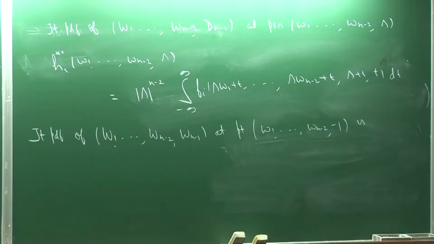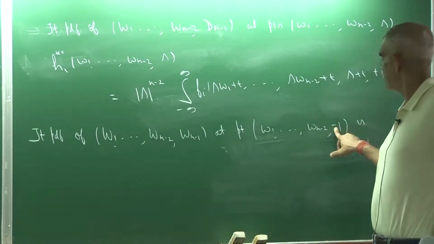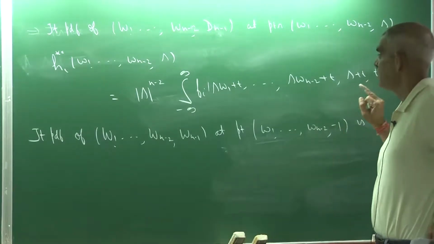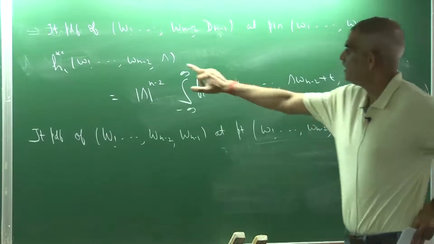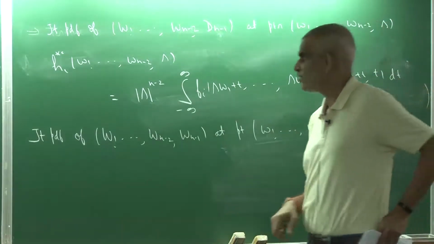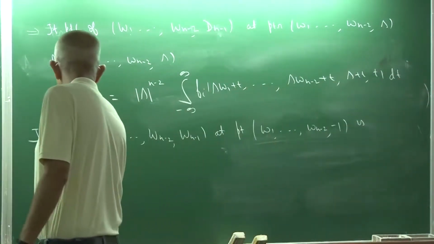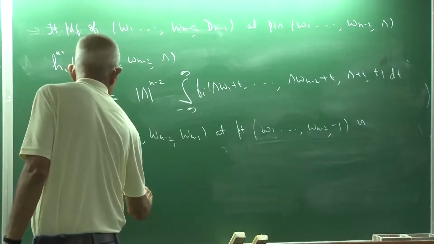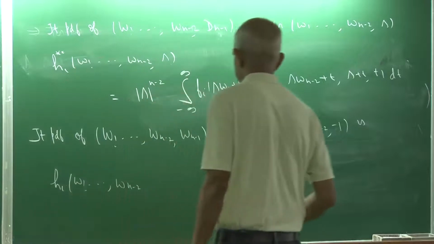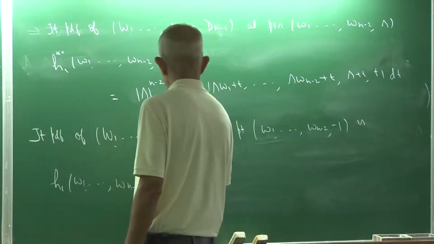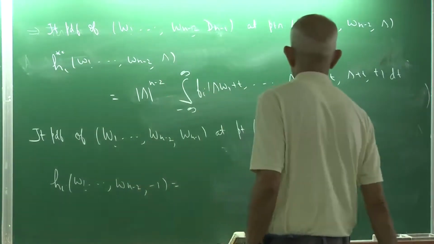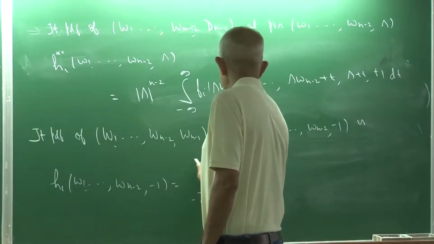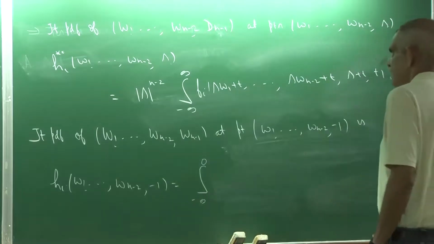So what I have to do is see what is the probability that Wn minus 1 is 1. That means xn minus 1 minus xn is negative. That means Dn minus 1 is negative. That means s is negative. So this would be the same as psi of W1, W2, Wn minus 2, minus 1 as minus infinity to 0, because that means xn minus 1 minus xn is negative.